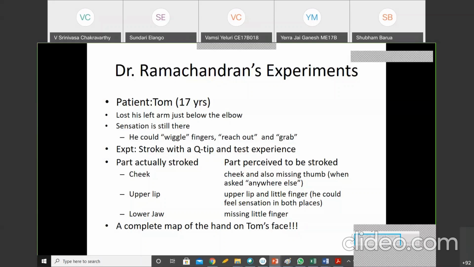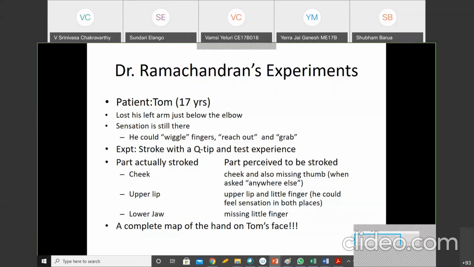He took a cotton swab, a Q-tip, right, which you use to clean your ears. And using this Q-tip, the doctor touched the patient at various points, and the patient was blindfolded and was asked which part of the body was being touched.